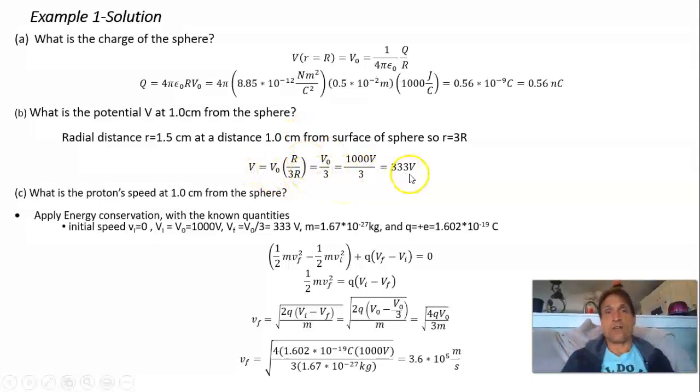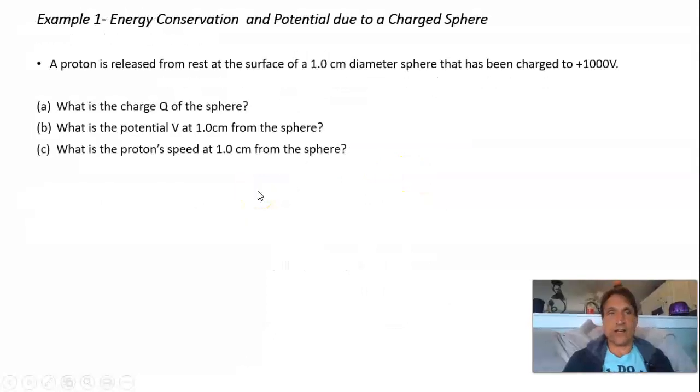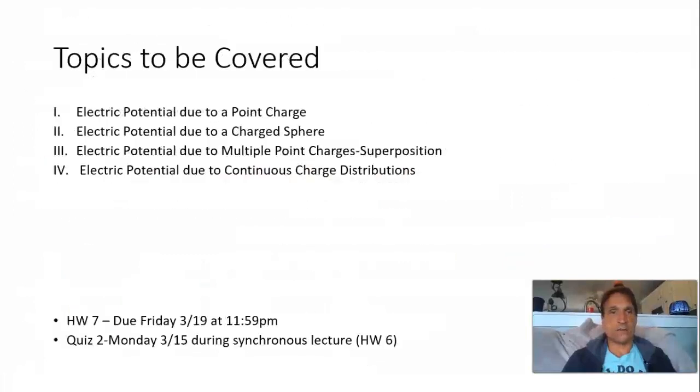Now we know that voltage, and suppose that we take a proton and we release it from rest at the surface. What's the speed going to be at 1 centimeter from the sphere? Remember the potential, here's the charged sphere.